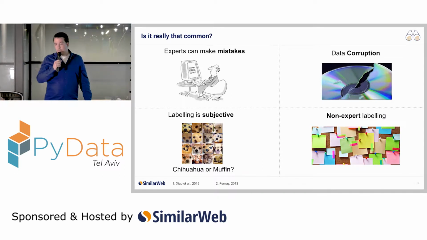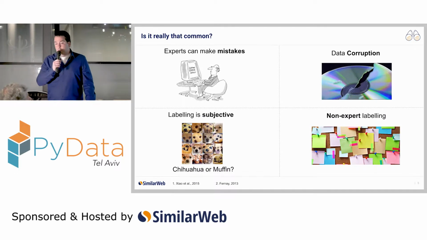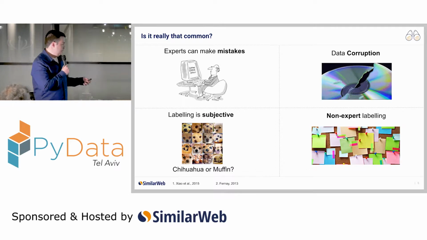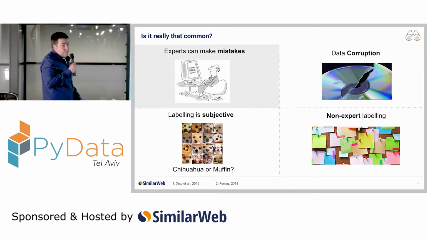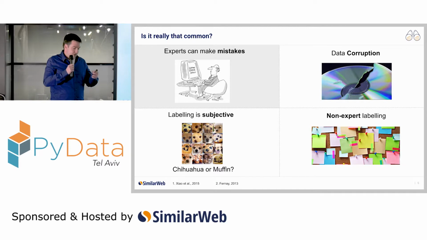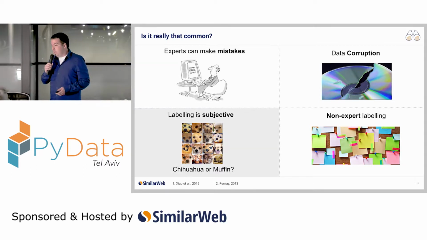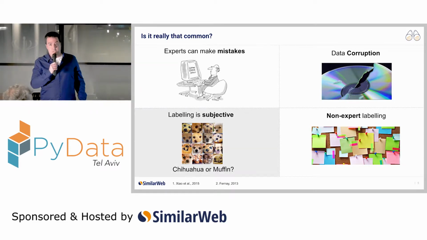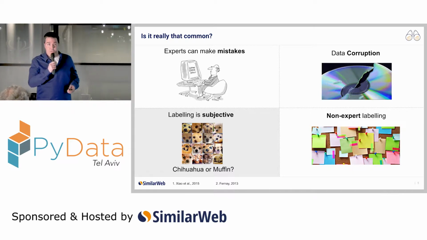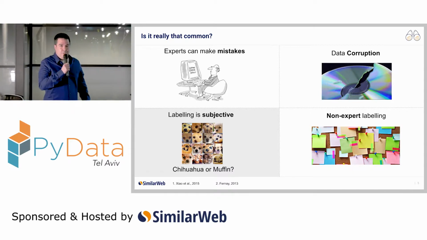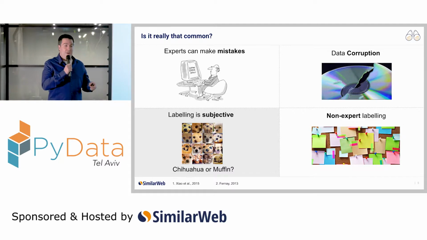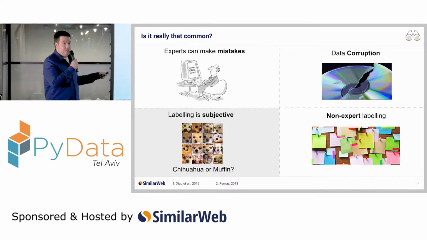In general, label noise can occur due to several reasons. First of all, expert labelers do make mistakes from time to time. The second is that categorization of certain instances may be subjective or very confusing. Like, I think the people in the back are having a bit of a hard time now differentiating between the chihuahuas and the muffins.